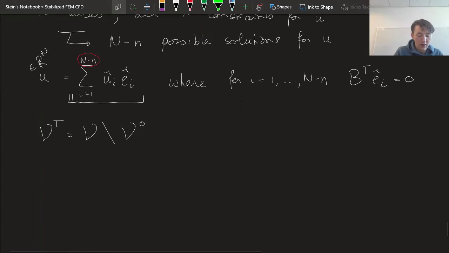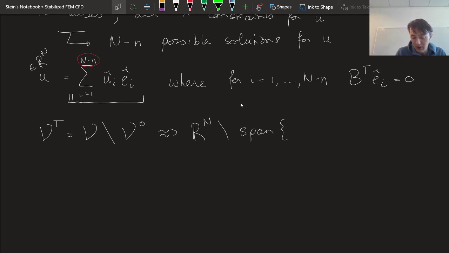So in our case, we can write R^N set minus all the basis functions E hat_i, for i equal to 1 to n minus n.